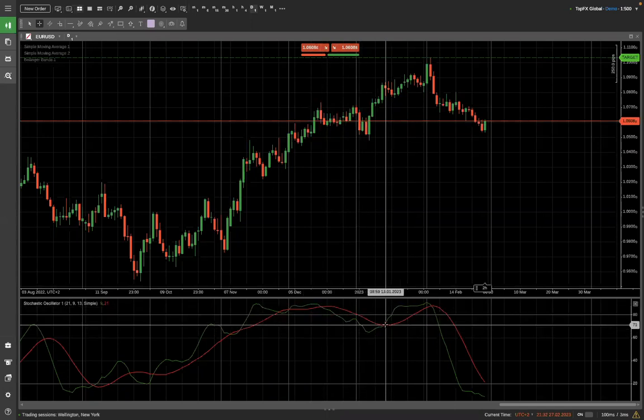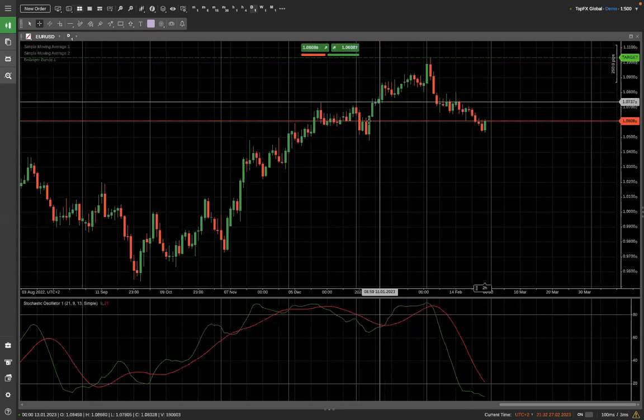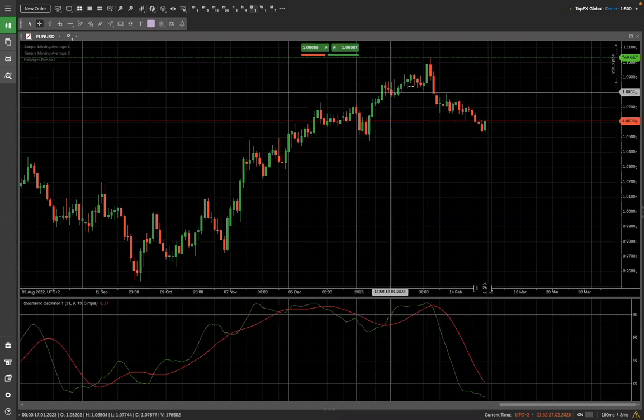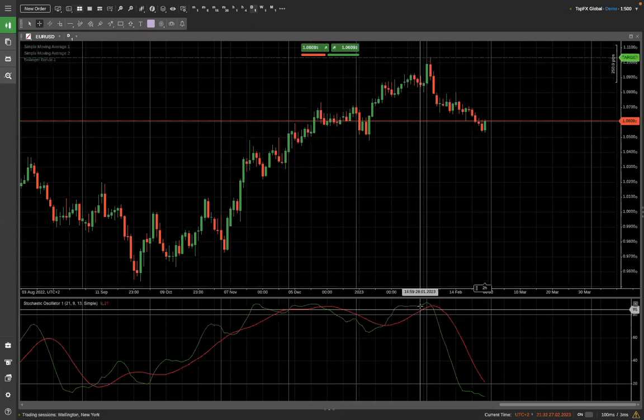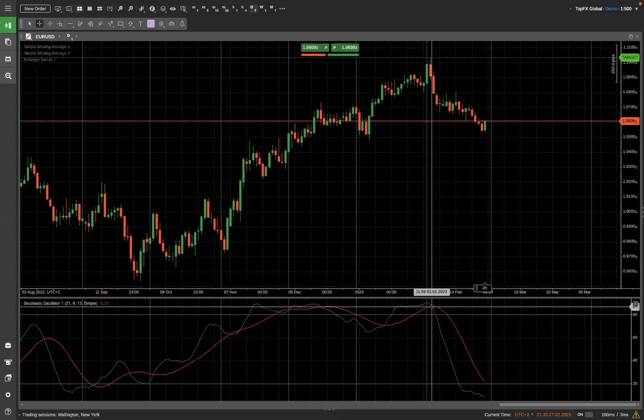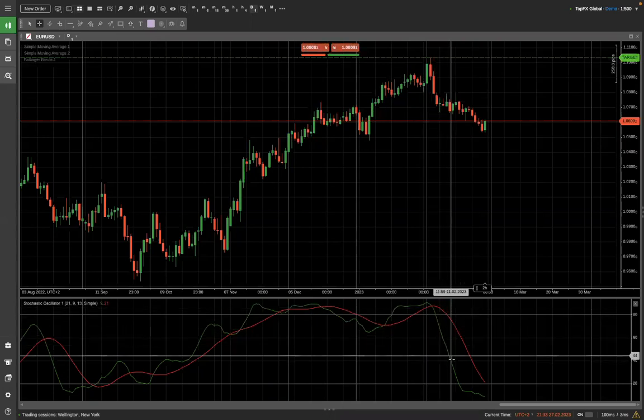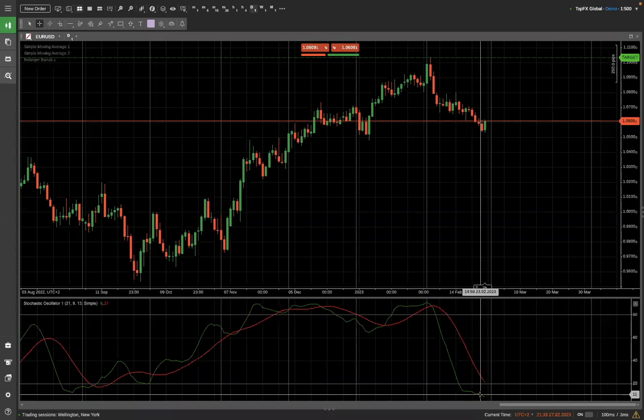And then again, we have the signal to buy when the blue crosses the red. So that's the signal to buy, and we can, of course, go as high as 1.1030, and this is the signal to sell. As you can see, since then nothing has happened yet, so there is no new signal being produced by this indicator.